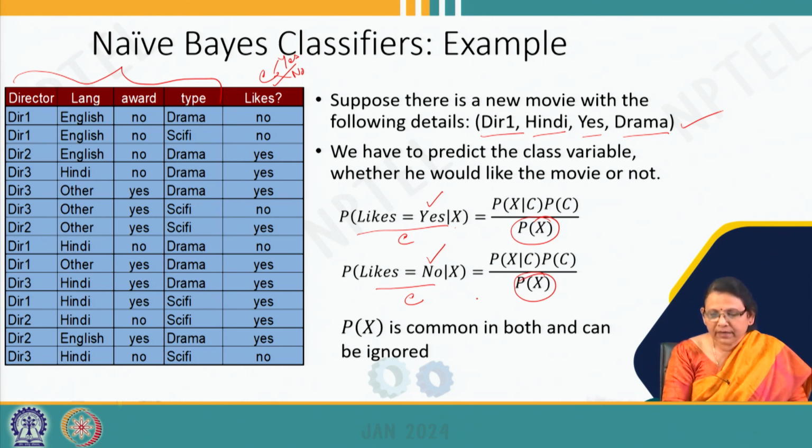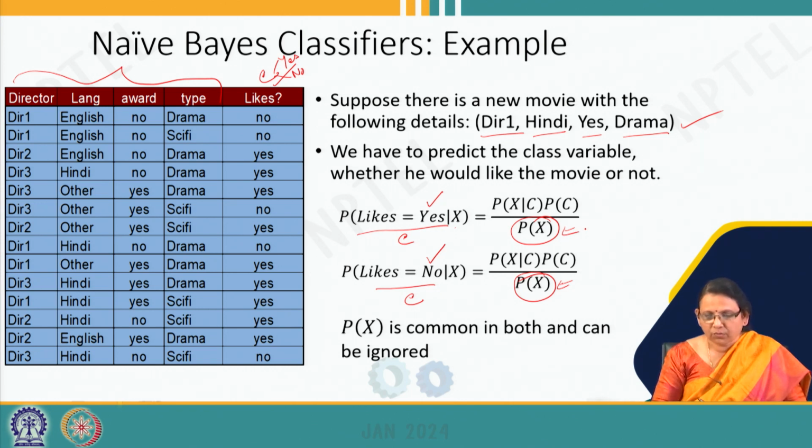So, we may think of not considering it further. We do not have to really compute these two. When we do not compute these two, what is to be compared? This is to be compared and this is to be compared.